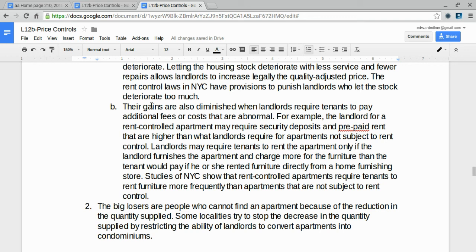Landlords may require tenants to rent the apartment only if the landlord furnishes the apartment and charge more for the furniture than the tenant would pay if he or she rented the furniture directly from a home furnishing store. Studies in New York City show that rent-controlled apartments require tenants to rent furniture more frequently than apartments that are not subject to rent control.